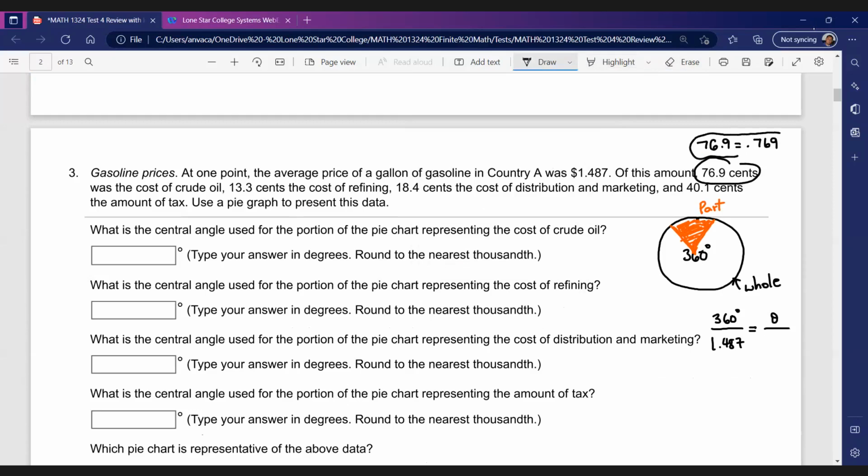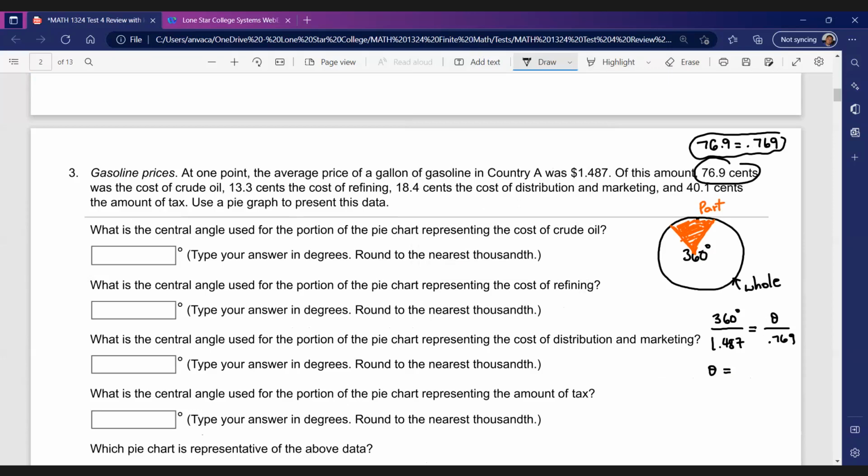Because this number has to be smaller than the whole, it's a part, we just use cross multiplication and division to find the value of theta. So let's go ahead and do that.